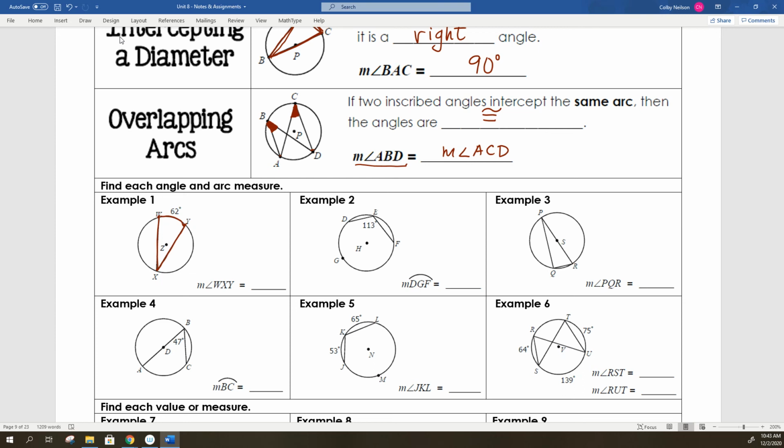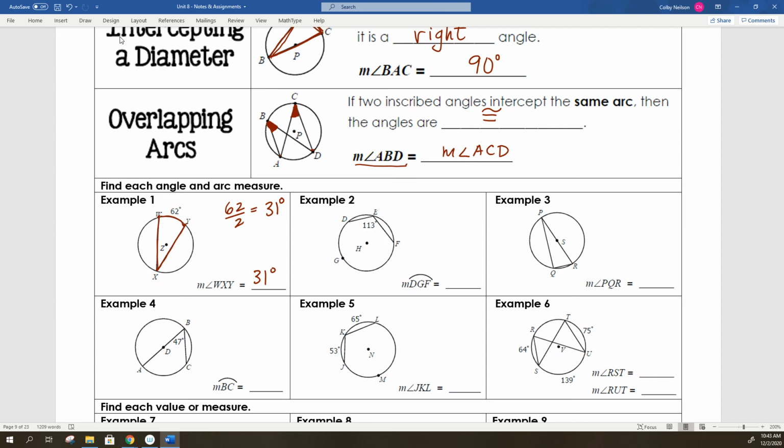Yeah, that's the angle. So what is that measure? If 62 is the arc, what's the angle? 31. Right? The angle is half the arc if it's inscribed. Visually, it'll look smaller than the central angle, right? Okay. All right.